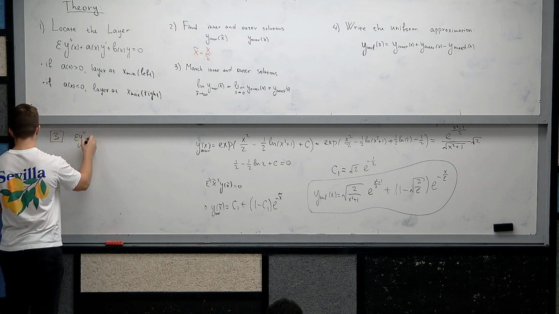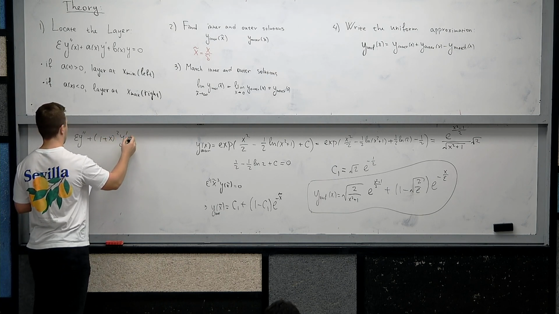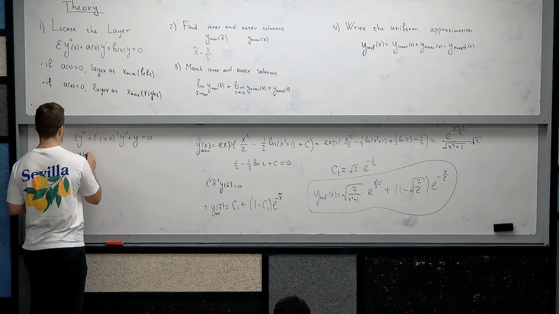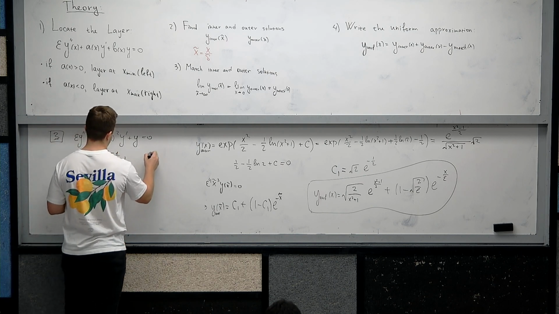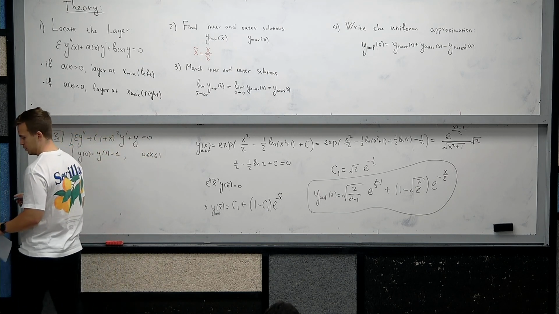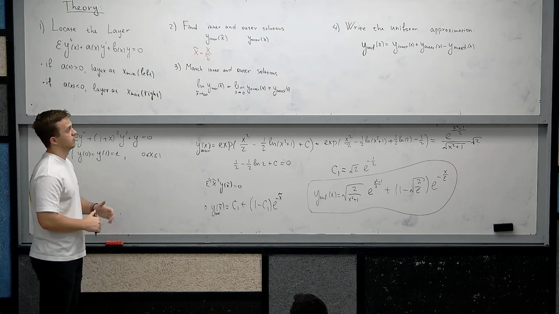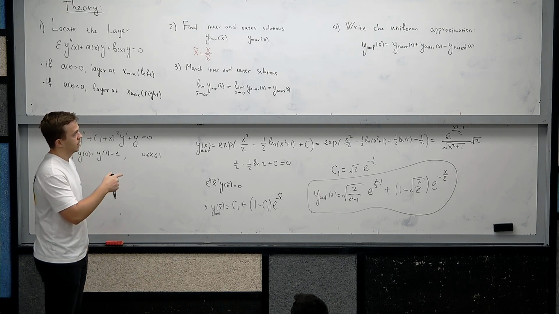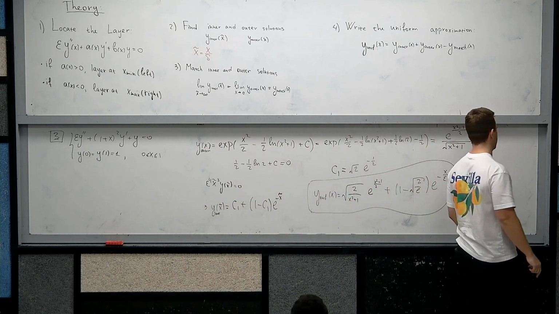Epsilon y double prime plus 1 plus x squared y prime plus y equals 0, and the boundary conditions are the same. But we need to solve it up to order of epsilon, so our uniform approximation should have the same, so this term plus epsilon multiplied by some other term.